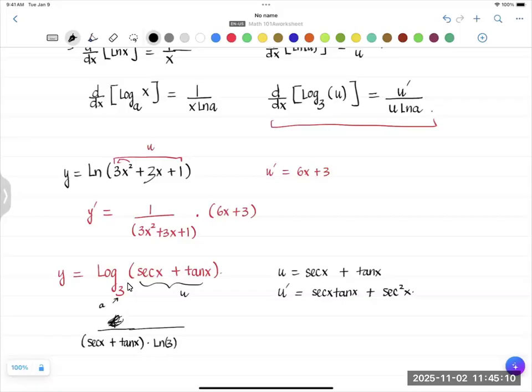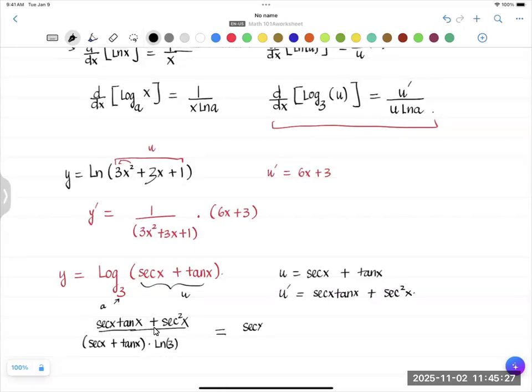We can put that in the numerator, doing u prime over that, which is fine too. So secant x tangent x plus secant squared x. Now, on the numerator I have secant in both terms, so we can take out secant x, and then tangent x plus, over secant x over tangent x over ln 3.